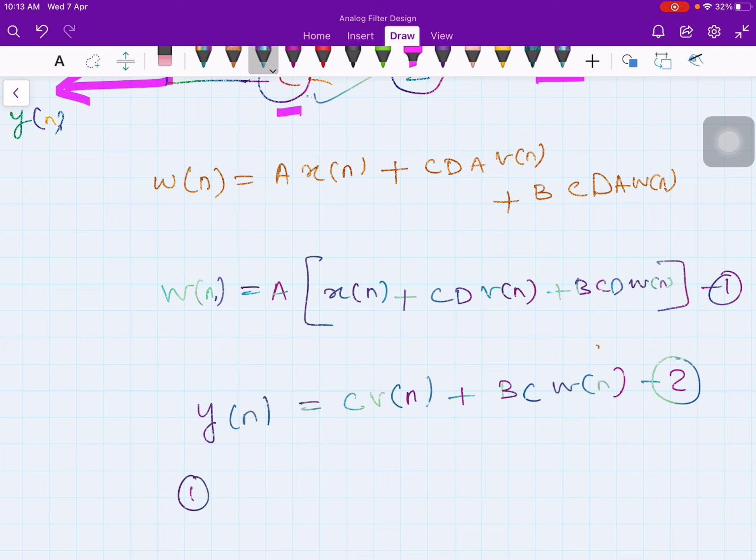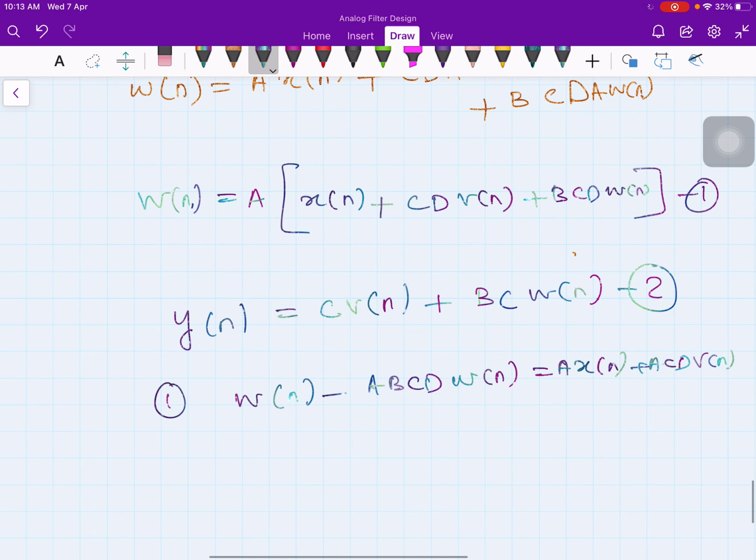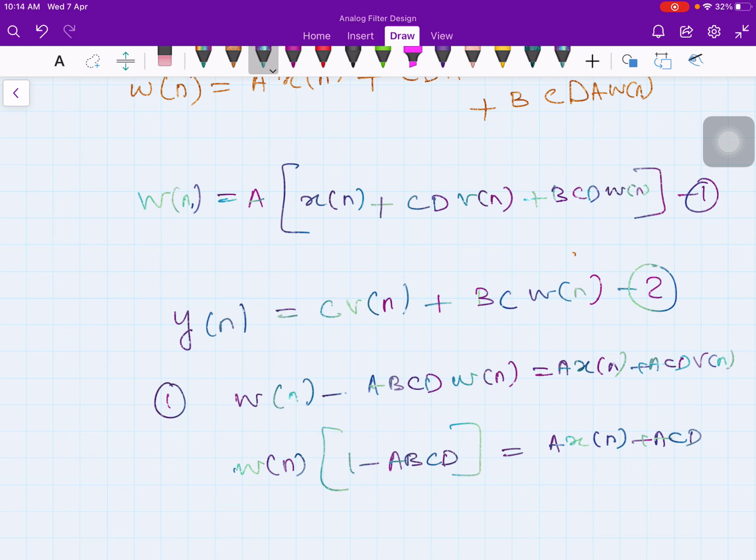From 1 we can write w of n minus a b c d w of n is equal to a times x of n plus a c d times v of n. So w of n times 1 minus a b c d is equal to a times x of n plus a c d times v of n.